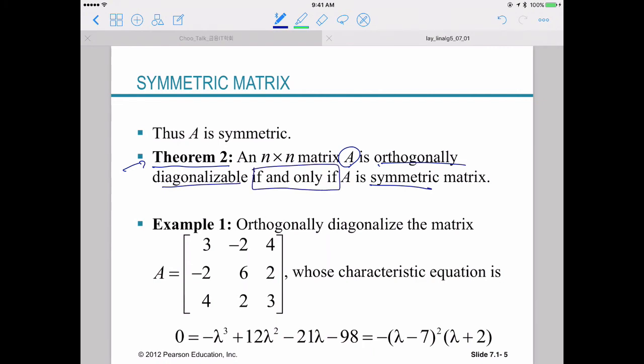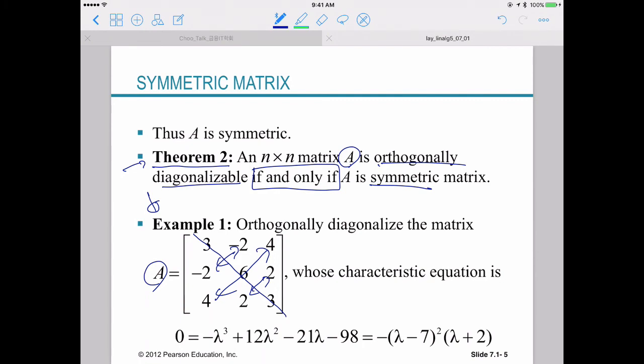Okay, and let's first look at the example. So here you have a matrix A, which is a symmetric matrix, right? Let's try to obtain its orthogonally diagonalizable form as an eigendecomposition, which means we should have 3 eigenvalues and also 3 orthonormal eigenvectors.